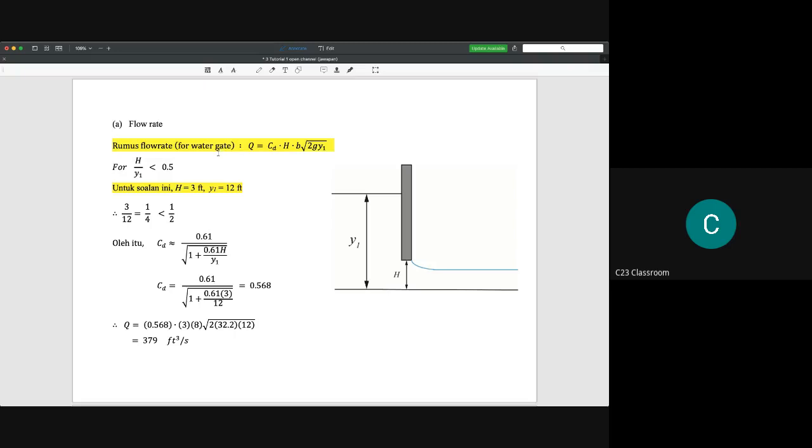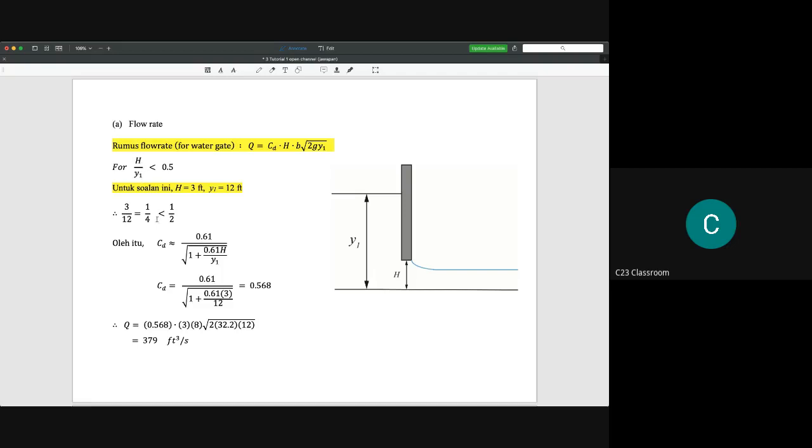To determine CD there are some rules. For example, we need to determine the ratio between H and Y1, because the higher the water level here, the more turbulence is created. So we need to determine which region of discharge we are in, comparing H over Y1.